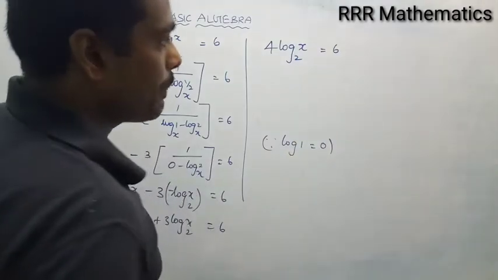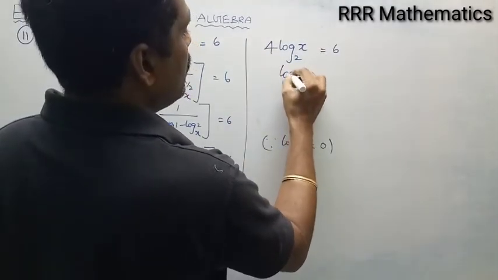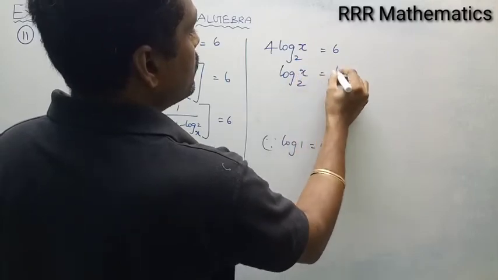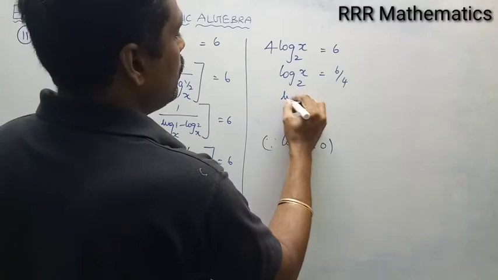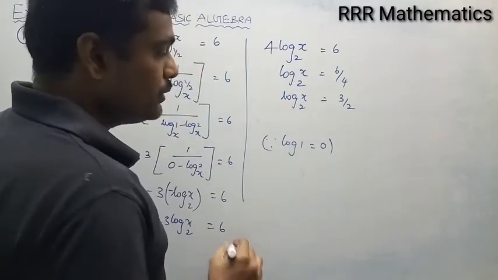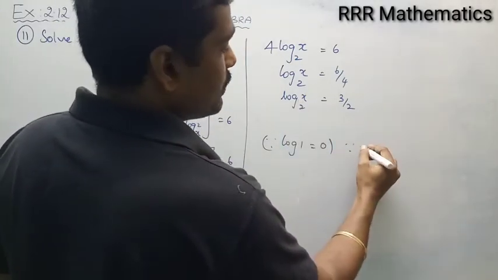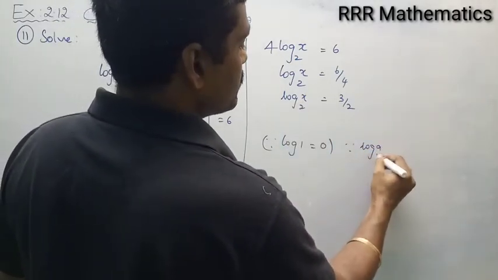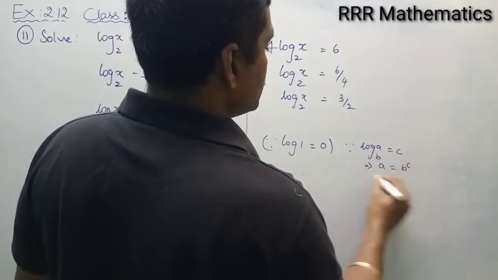4 times log x base 2 equal to 6. When you divide by 4, log x base 2 equals 6 by 4, so log x base 2 will be 3 by 2. Using logarithmic to exponential, log a base b equal to c implies a equal to b power c.